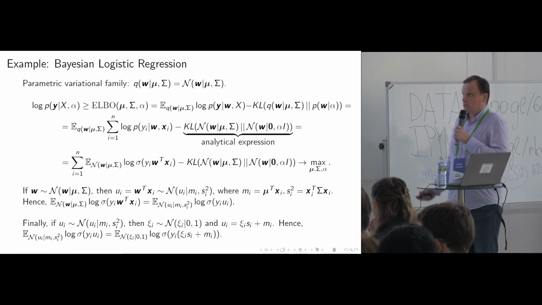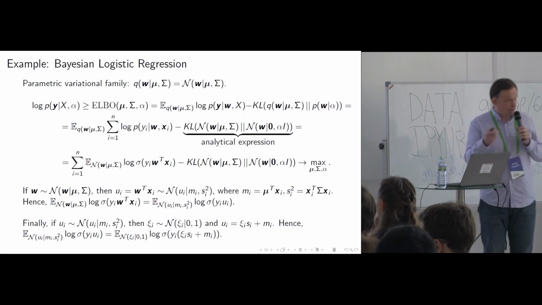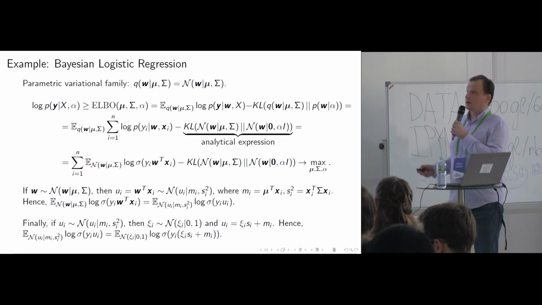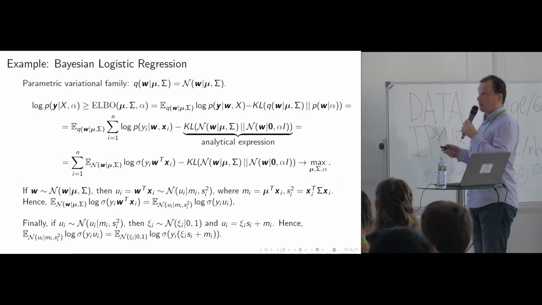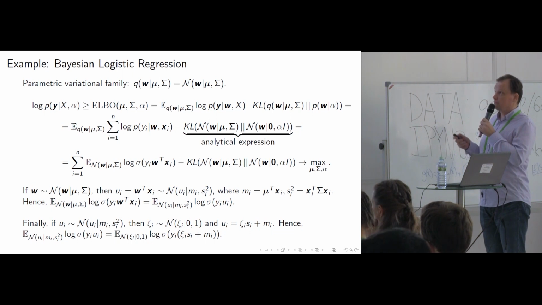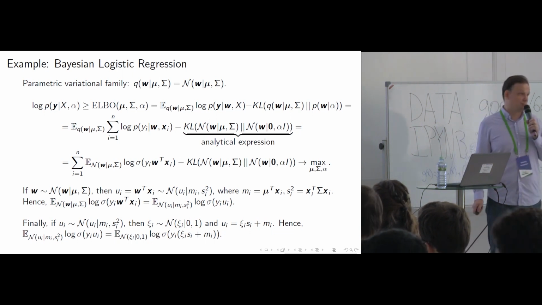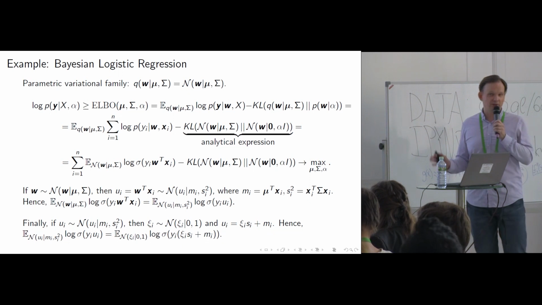So let's do the second approach, parametric variational approximation, just choosing some parametric family for our approximant. Let's take a multidimensional normal distribution with some mean vector and covariance matrix.